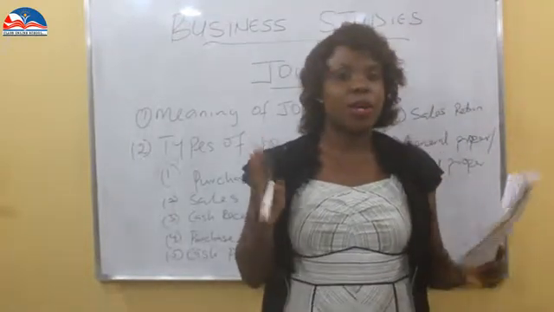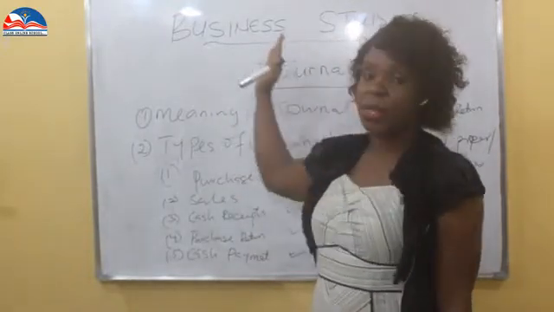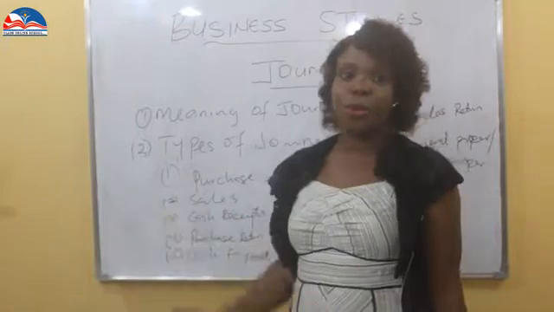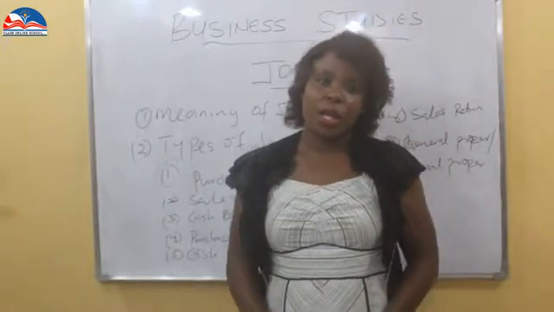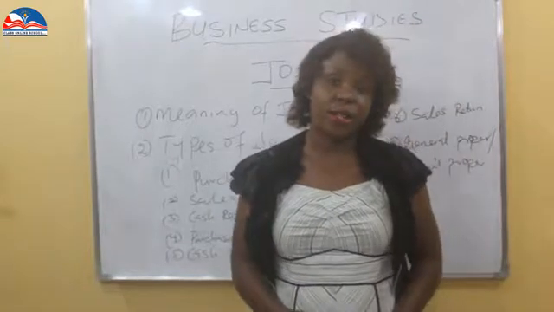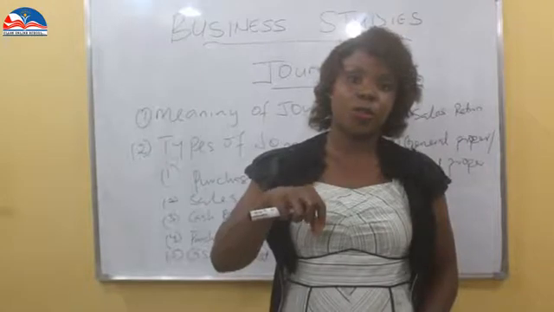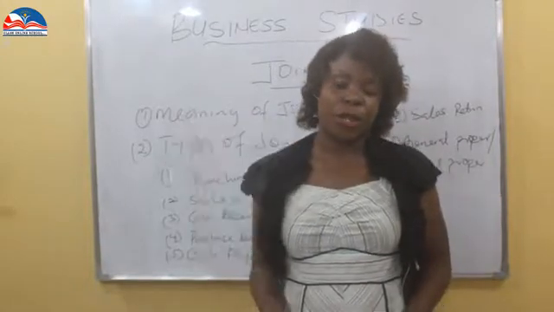We are going to explain what journal is based on our course of study, which is business studies under bookkeeping. When we talk about journal, it's a book of original entry. And so when you are defining journal, don't forget that word, book of original entry.